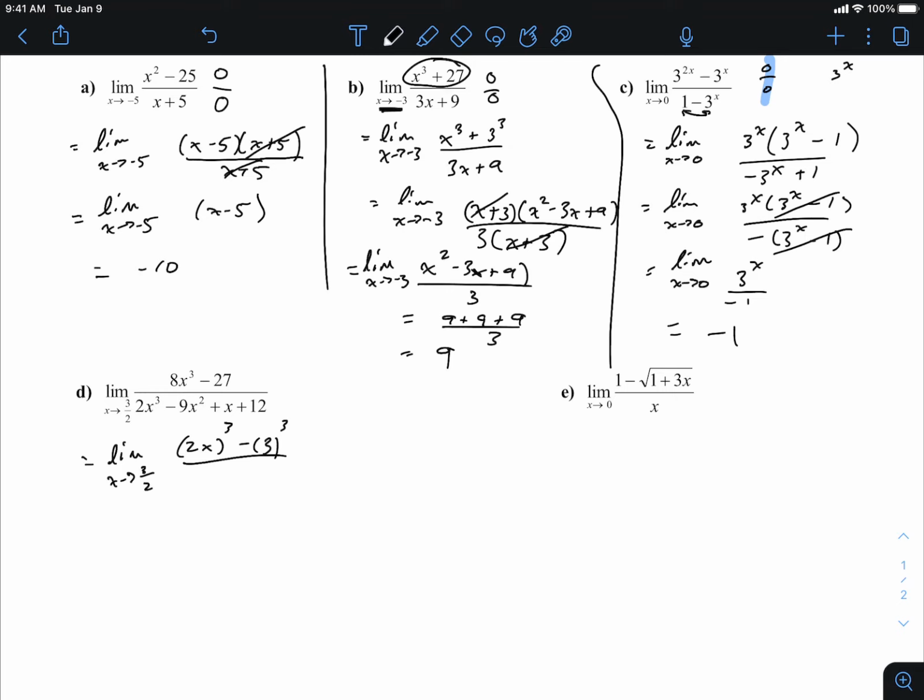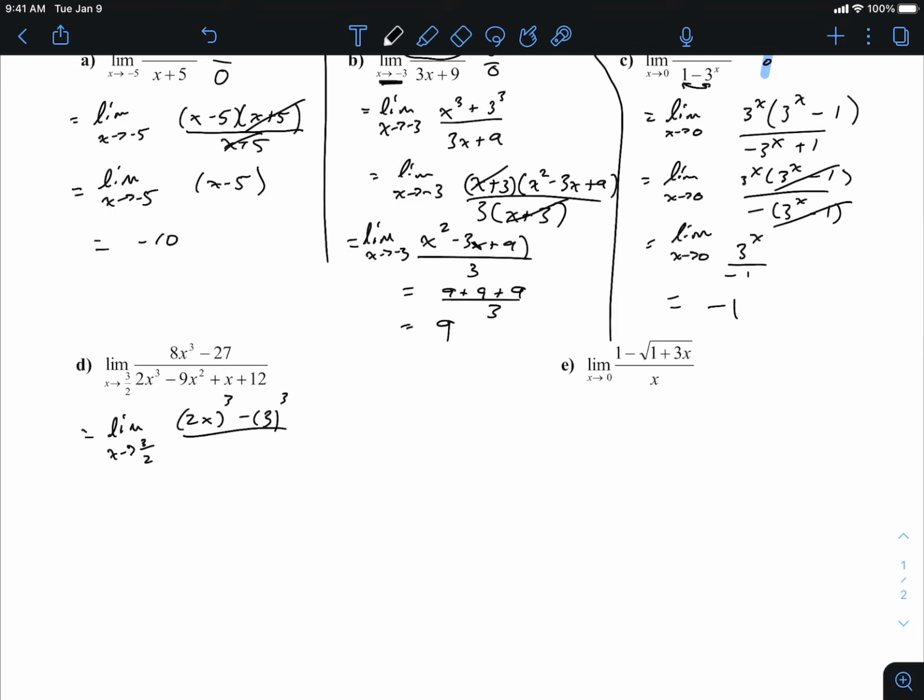And then in the denominator, it looks like I could remove maybe a... what are we going to have to do here? Oh, I see.